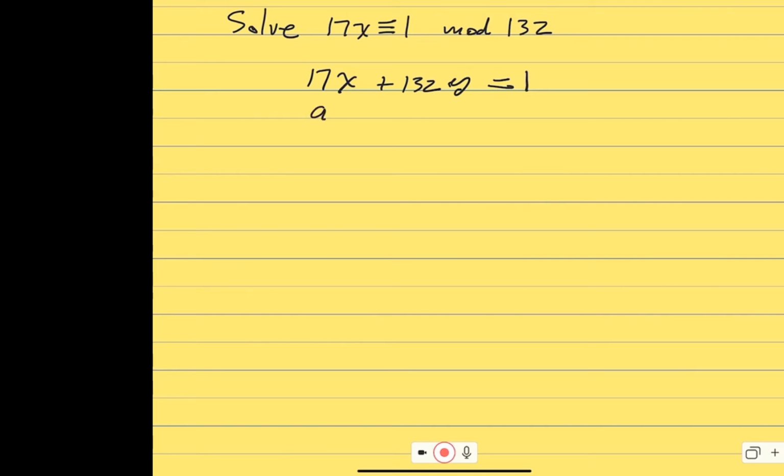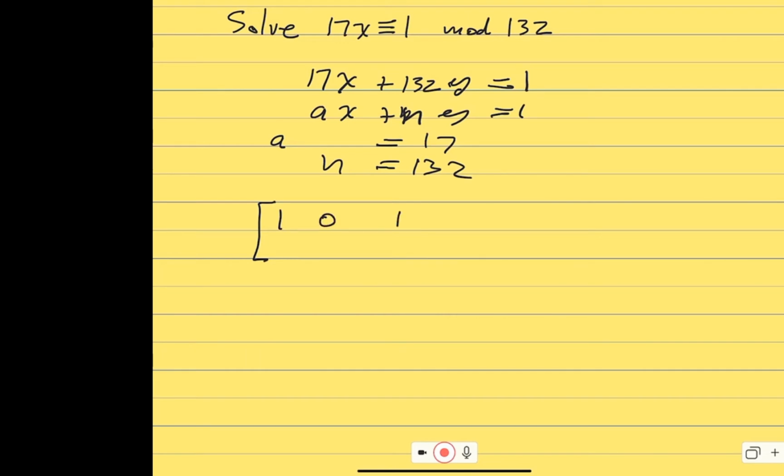Or if we've thought of it as ax plus ny equals 1, then a is 17, n is 132.